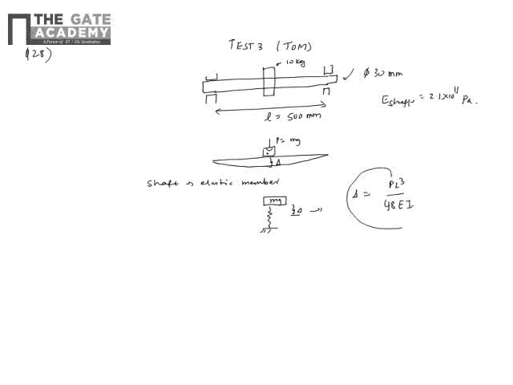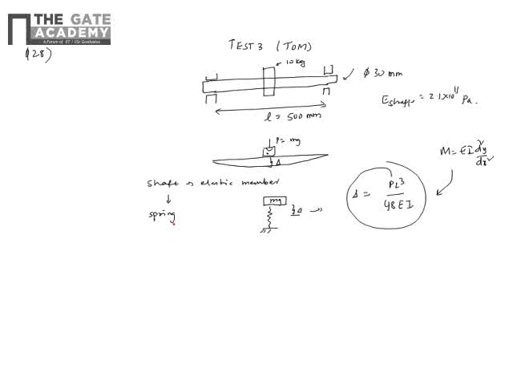This comes from the deflection of beams equation, integrating two times and solving it. So now you have a load mg, which is your P, and you're modeling the entire shaft as a spring where the deflection is delta.